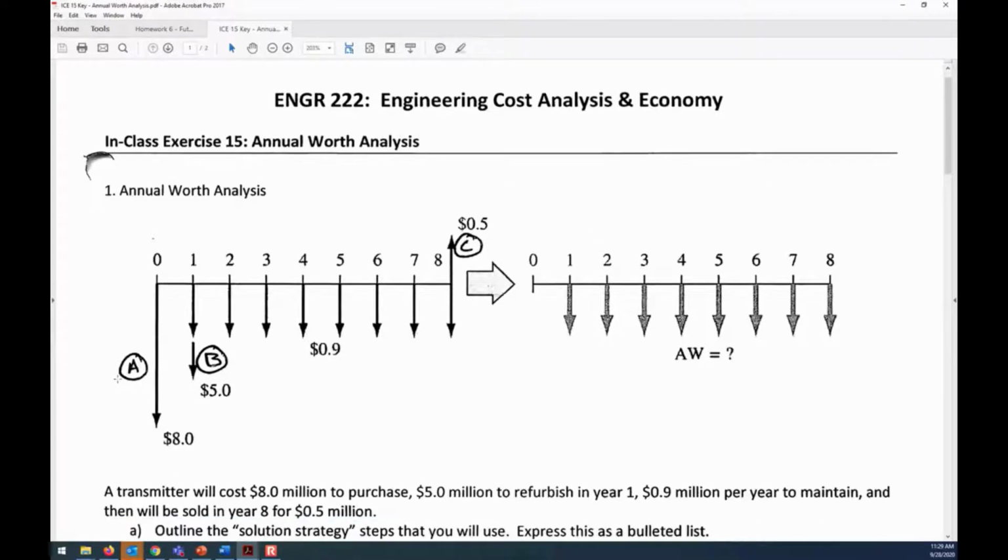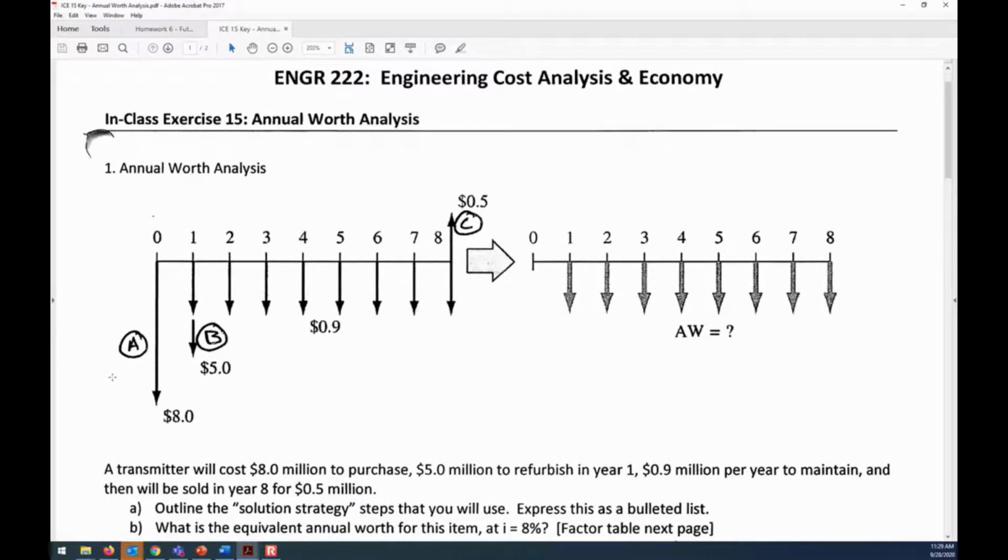Here's what I suggest: label each of the amounts that have to be converted into the annual series. You can see I've got arrow A, that was the $8 million amount at time 0. And there's arrow B, that's the 5 million amount at year 1. And then C is the salvage at year 8.